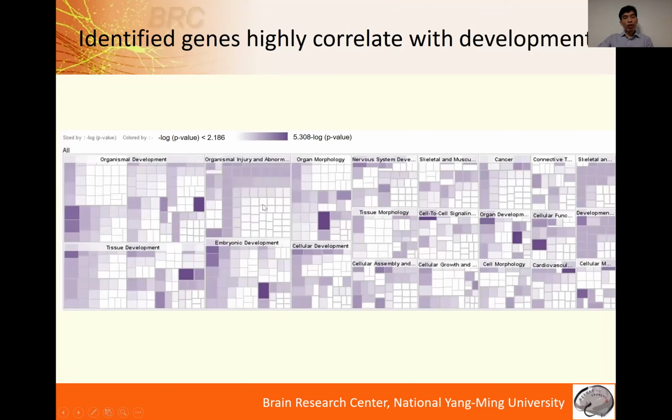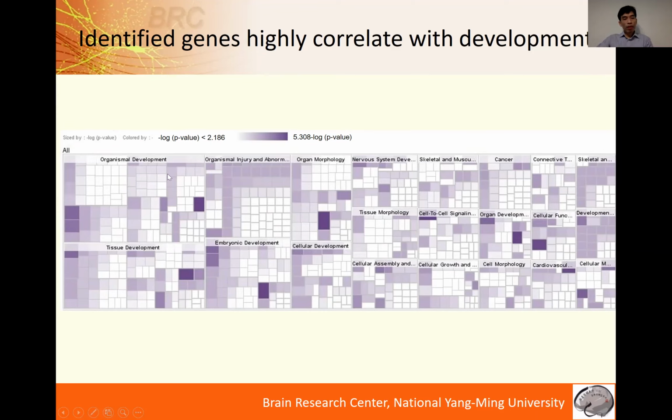We used software called IPA, and we looked at what the common pathways or common functions of these 33 genes in animals are, and we see that development keeps popping up.